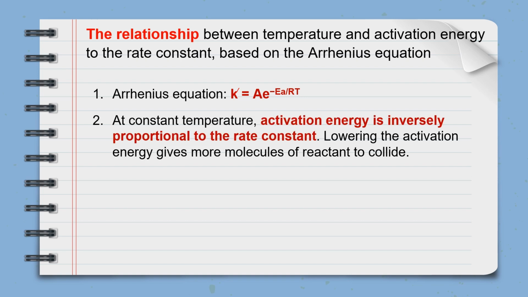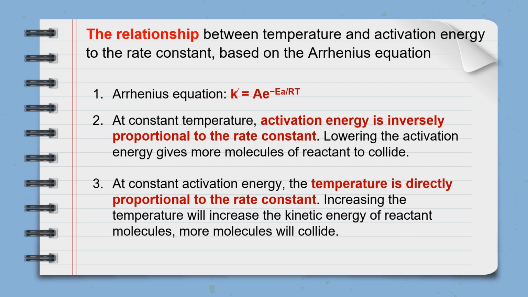At constant temperature, activation energy is inversely proportional to the rate constant. So when we lower the activation energy, more molecules will collide. Another part: at constant activation energy, the temperature is directly proportional to the rate constant. When we increase the temperature, the kinetic energy of the reactant molecules increases. Therefore, more molecules will collide.